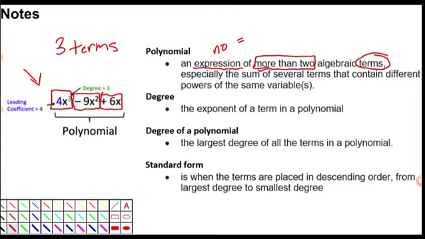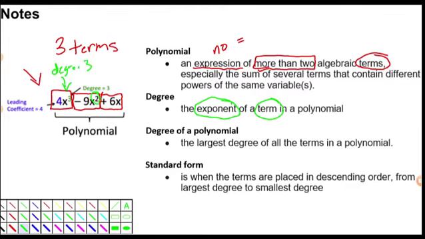All right, now the degree of a polynomial. The exponent of a term in a polynomial. So when we're talking about degree, we're really thinking about the exponent of each term. So each term will have its own degree. In the first problem, they give you an example. This one has an exponent of 3, so that would be degree 3.